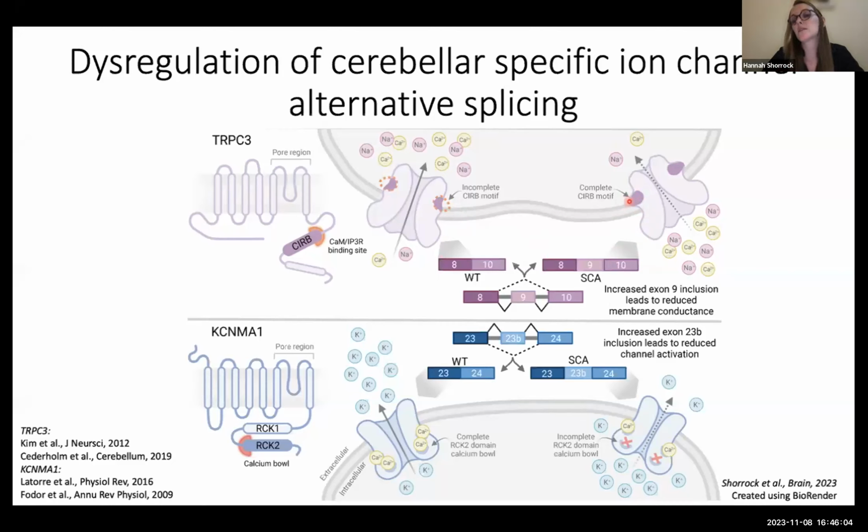And so this is how this leads to a reduction in membrane conductance. Similarly, this exon 23B here impacts this RCK2 domain calcium bowl. And so again, this leads to alterations in the activation of the channel and changes in potassium ion channel efflux there. And so these are two examples that can give you an idea as to how alternative splicing of specific events in the CAG expansion scars could directly impact cellular pathways that we know to be disrupted and affected in these diseases.